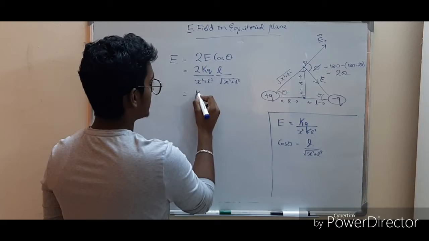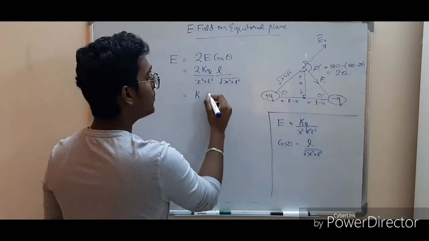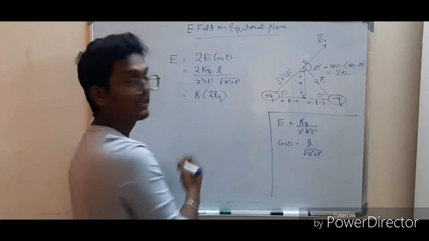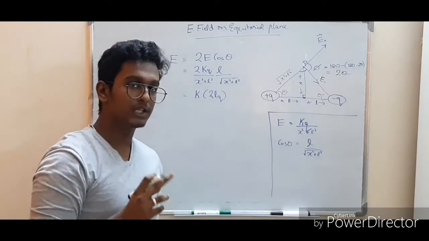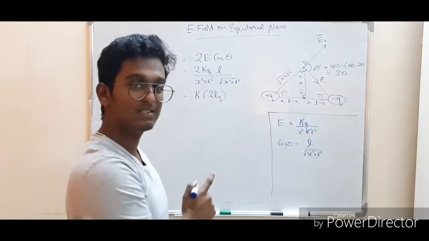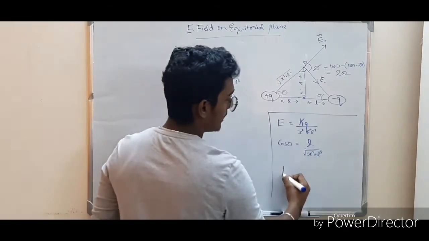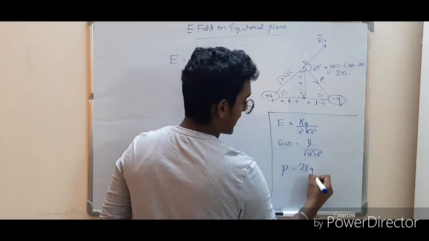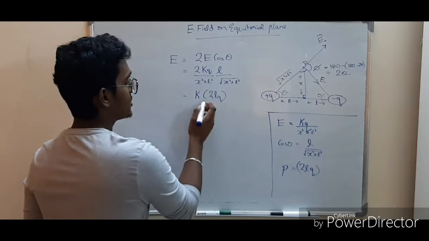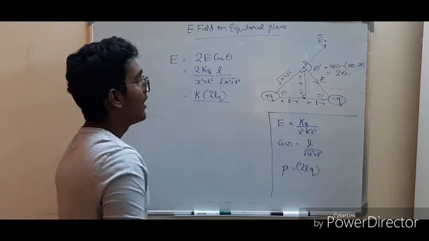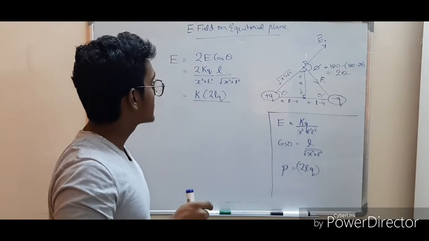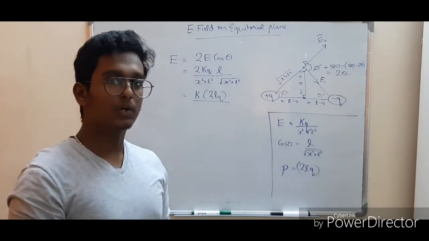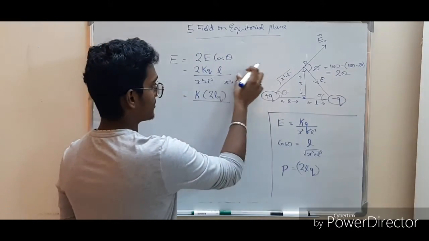We're going to take k outside and group 2LQ. And I think you know why? Because 2LQ is equal to the dipole moment. We have discussed this in the previous video. Dipole moment is 2L times Q. This is 2LQ divided by x square plus L square, the whole root, raised to half. It's the same denotation.